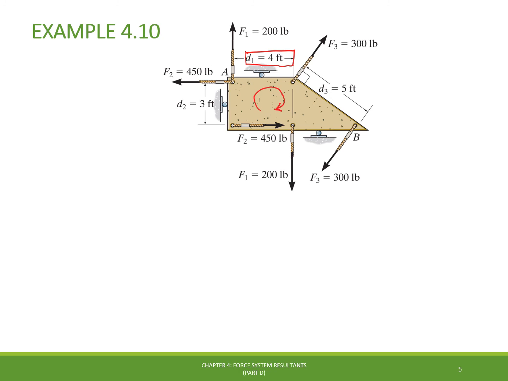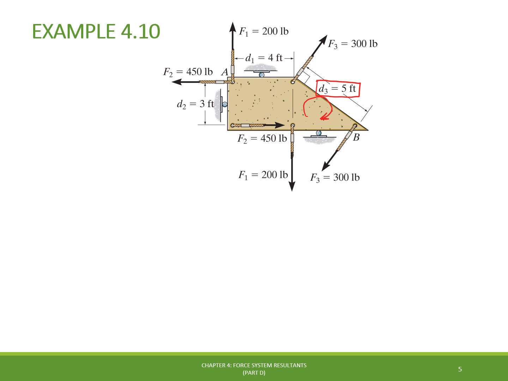For the couple force F2, we have the distance d2 equal to 3 feet that causes a counterclockwise rotation effect, or a positive moment. And lastly, for the couple force F3, we have the distance d3 equal to 5 feet that causes a clockwise rotation tendency, or a negative moment.